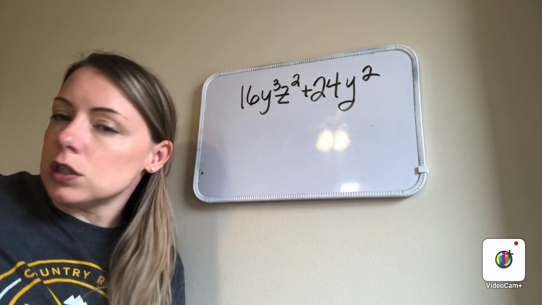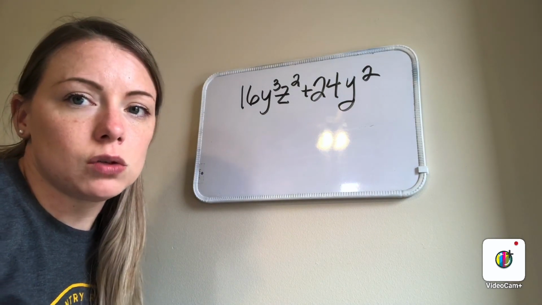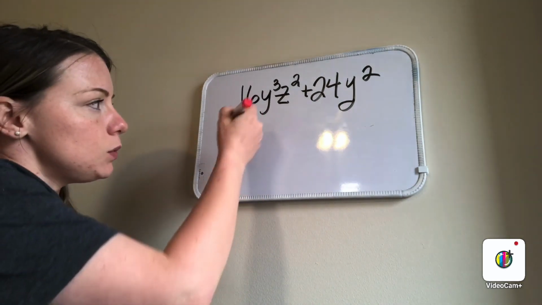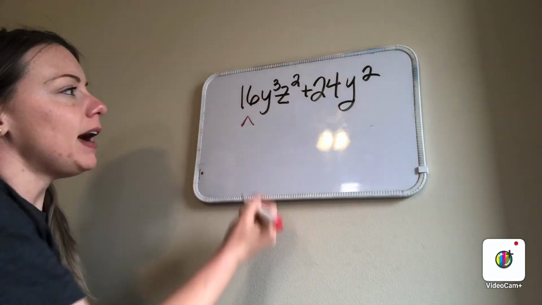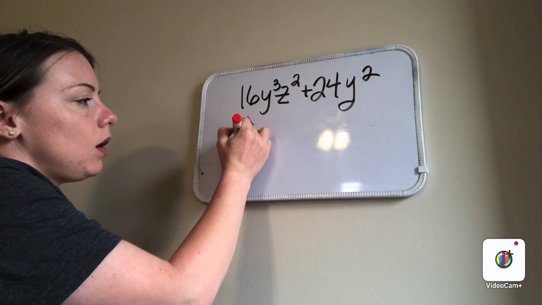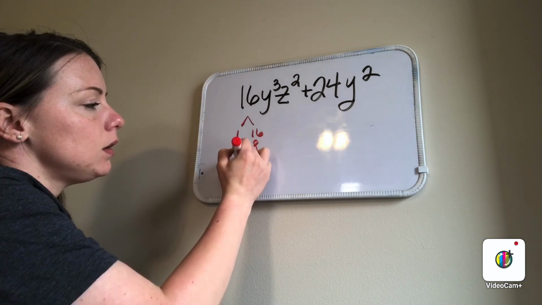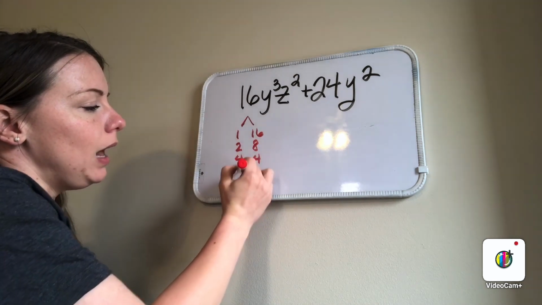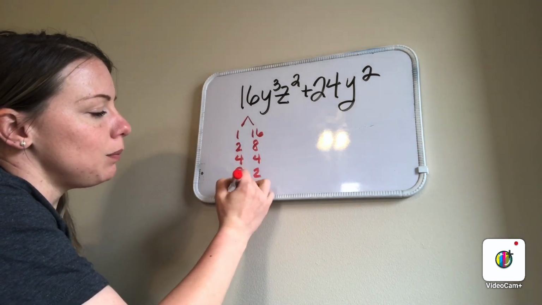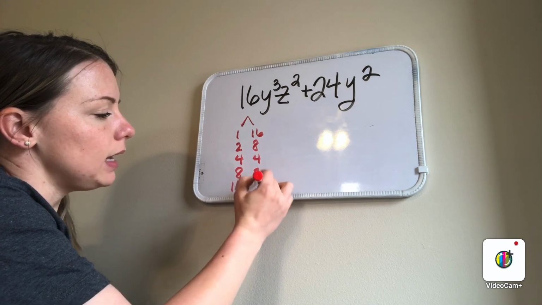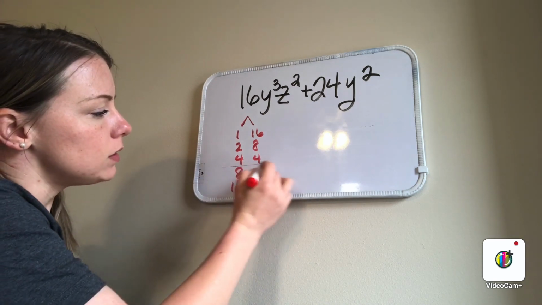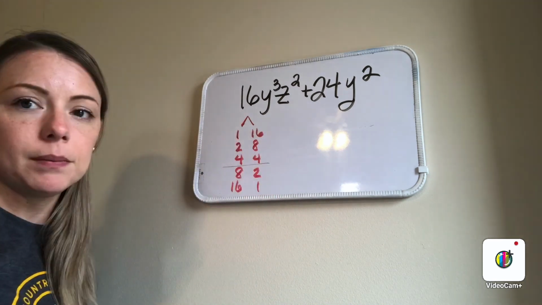If I wanted to look at the factors of those 2 numbers, the factors of 16 are 1 and 16, 2 and 8, 4 and 4, and then I start going backwards, listing the same coefficients as I had from the top.